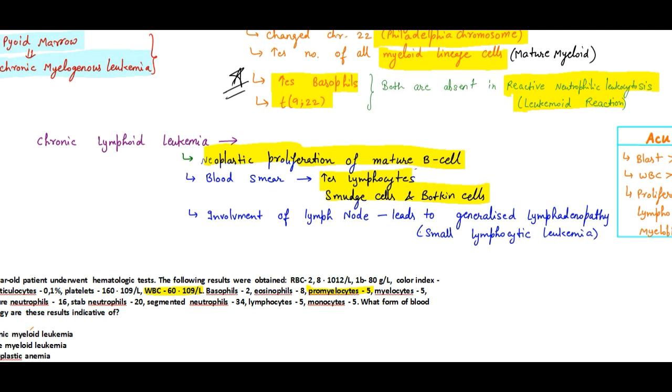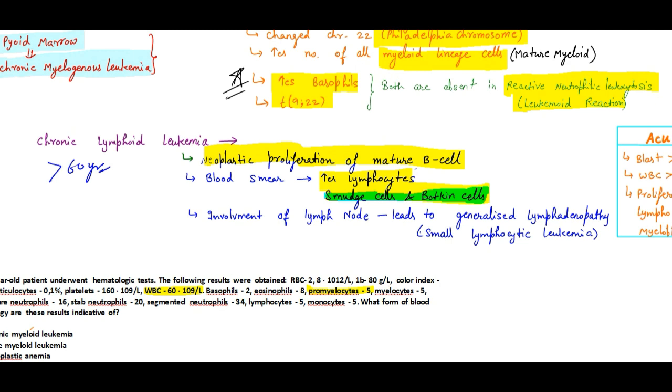Underline this one: smudge and Botkin cells. This is the easiest way to identify the chronic form. So if in the question you find smudge and Botkin cells, simply go to chronic lymphoid leukemia. No treatment is required for this, because it is a go-and-die condition, as it mainly affects people more than 60 years old.